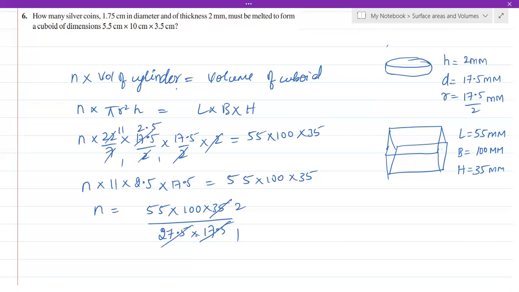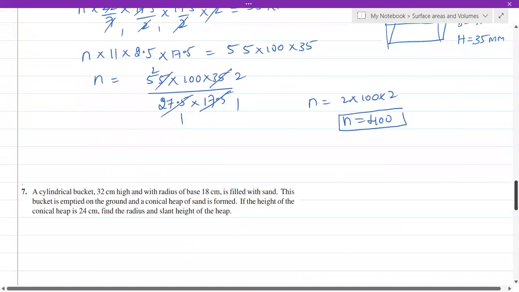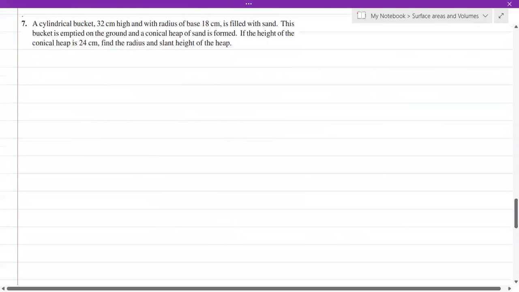Similarly, 27.5 twos are 55. Therefore, the value of n will become 2 into 100 into 2. 2 into 100 into 2 is how much? 400. So, how many coins should we melt? We must melt 400 coins to get a cuboid whose dimensions are 55 mm, 100 mm, and 35 mm. So let's get into the next question.